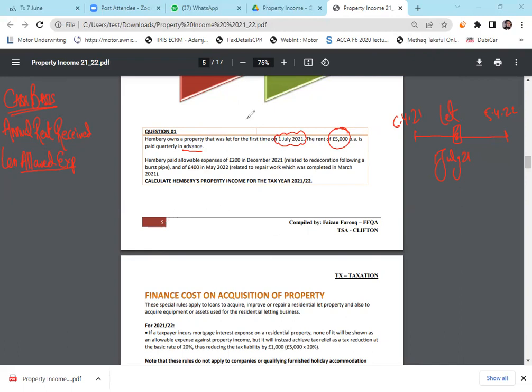How much rent did they receive? 5. Okay, is there any basis of assessment you have to use? Did they write anything or no? They didn't write anything, so we'll use cash basis. Cash basis. And in cash basis, my question to you, how much money did Hamberry receive?